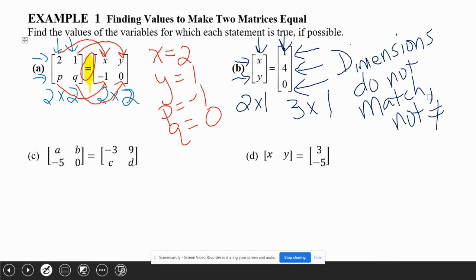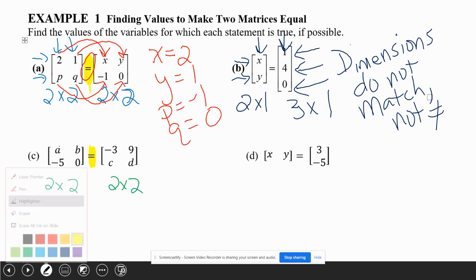Over here for letter C, we have a 2 by 2 on the left and a 2 by 2 on the right. Our dimensions match, so in the middle, again, they're telling us these are equal. So find the answers for each letter.